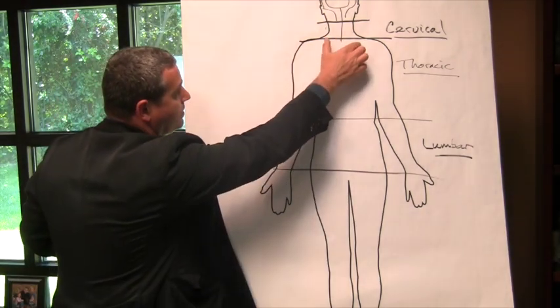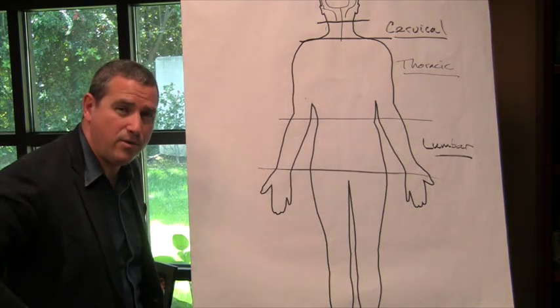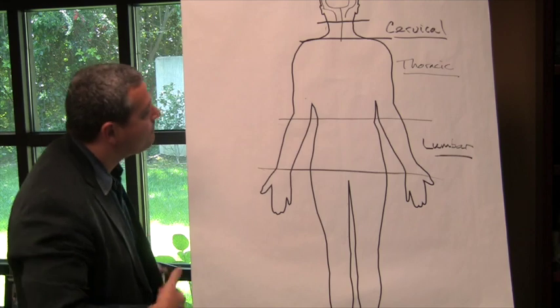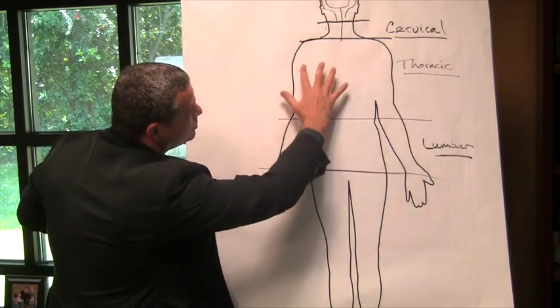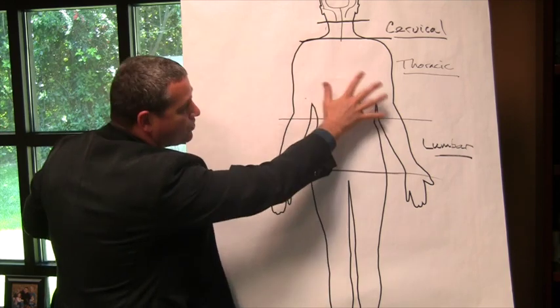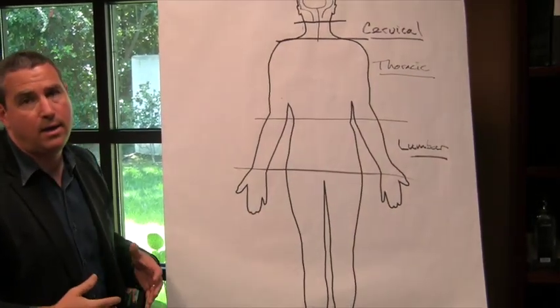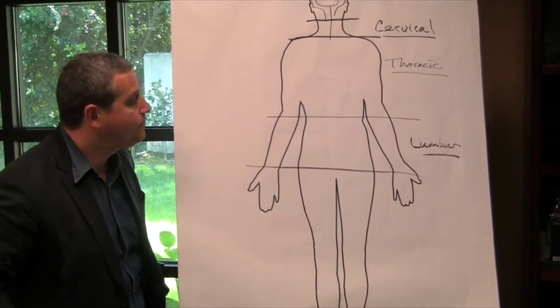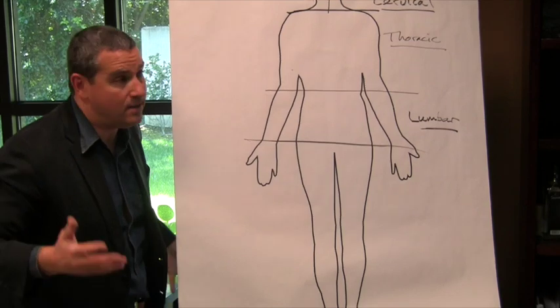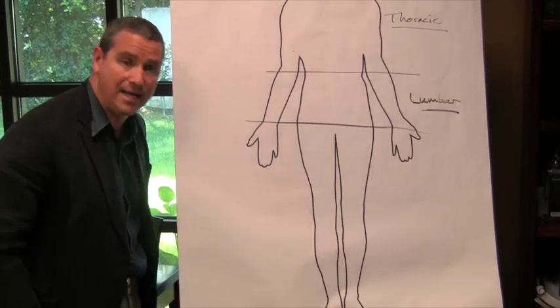Your torso, a lot of your upper legs, and some of the arms get controlled by the thoracic spine, and your lumbar spine really has a lot to do with bowel and bladder, sexual function, and everything from the waist down.